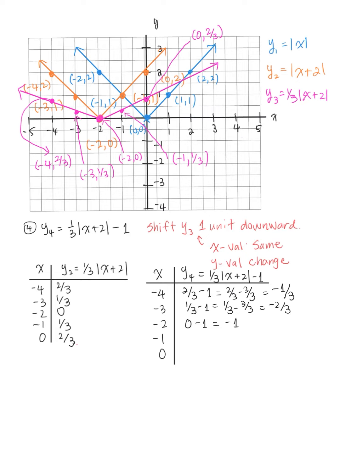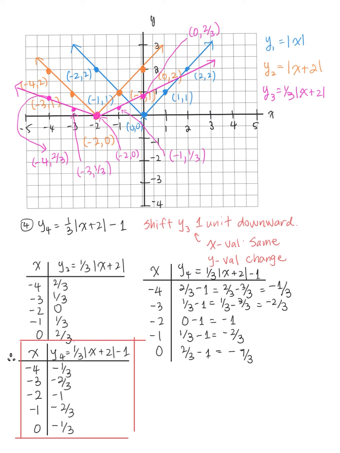And the next one is going to be 1/3 minus 1. That's the same value as before, so that's negative 2/3. And then for the last one, we have 2/3 minus 1, which is the same value as when x equals negative 4, so this is negative 1/3. Okay, so let's plot those.